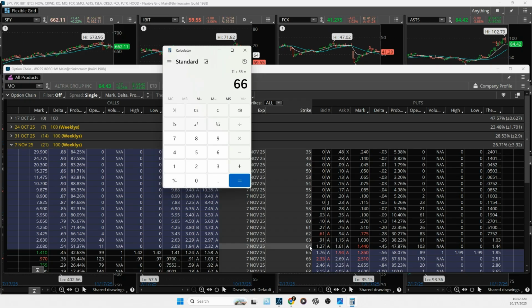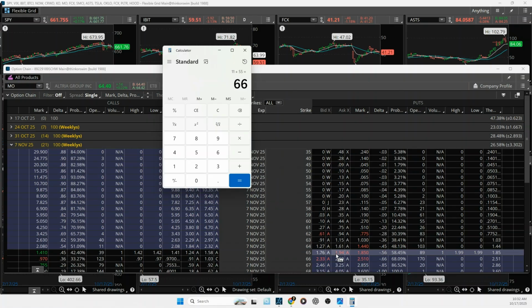Why $50 more at the 64? Because there's a higher probability that it will end that expiration date, on the close of business that day, below 64 than below 63. I get it, they're kind of close to the same number, but that's how it works, right? Every number lower is a little less chance.